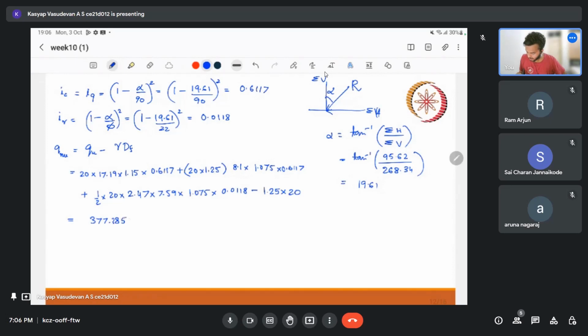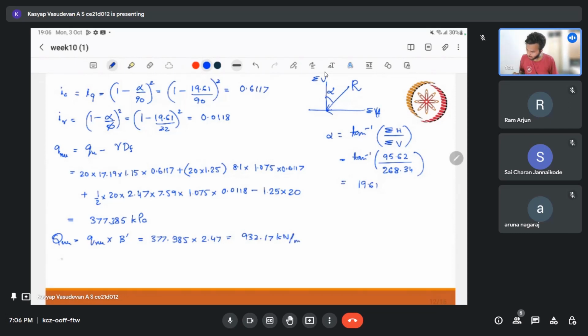So if you add all this, you will get 377.85. If this is our capacity, what is the ultimate load that it can carry? Ultimate load that it can carry is nothing but our qnu into B dash. That is 377.385 into B dash is 2.47. This is 932.17 kilonewton per meter.